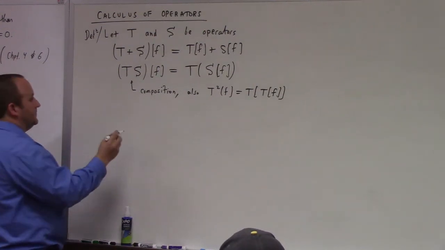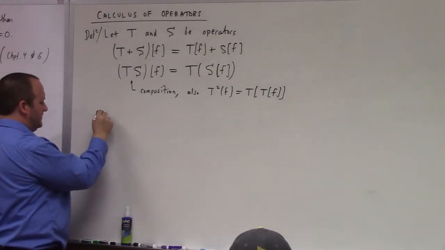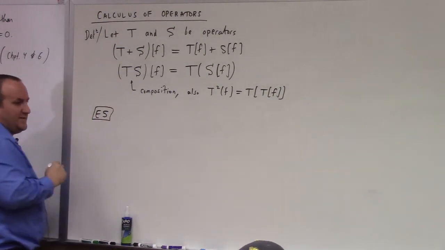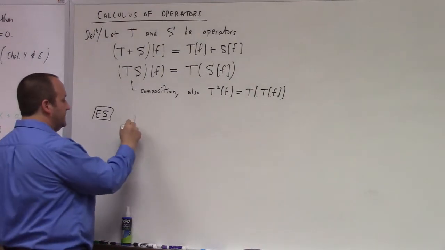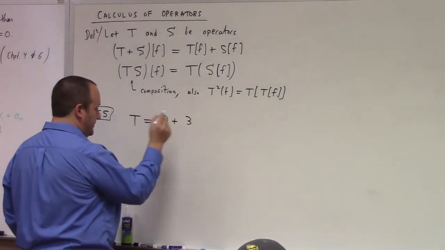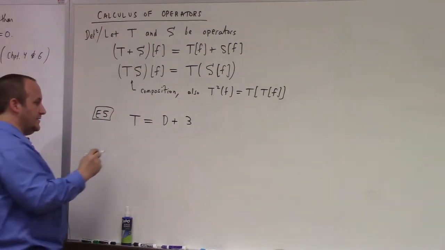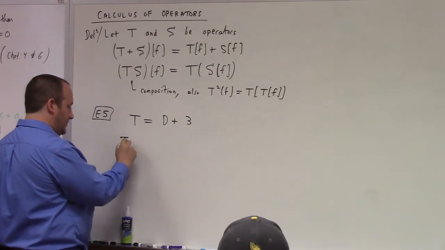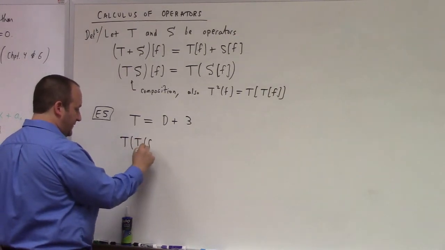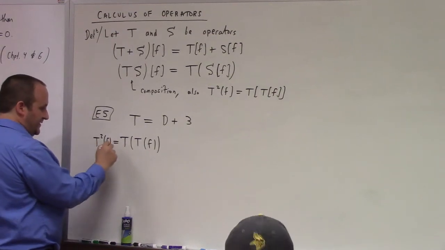So, what example am I on? I forgot. 5? It feels like 5. So if we have T equal to, say, D plus 3, and we take T of F, so that would be T squared of F. What does that look like?